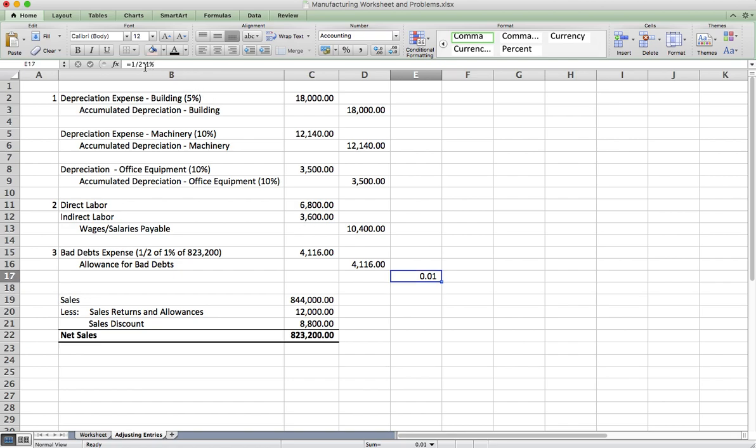Mag-calculator pa rin kayo. 1/2 of 1%. Bakit ganun? 1/2, 0.5 times 1%. Ha? Niloloko ako nito. Bakit 0.001? Yun. 0.005 pala. Ayan. 0.005.